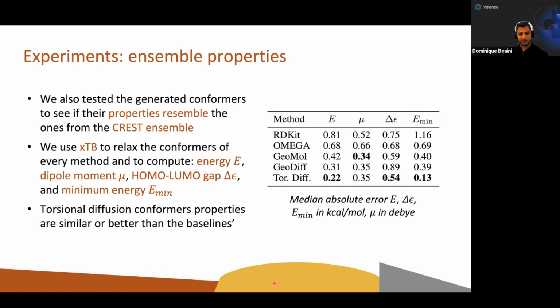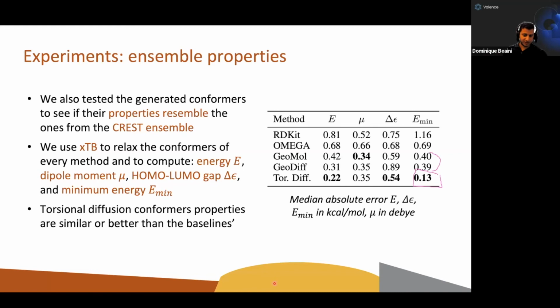And here having a lower energy, like an energy of 0.13 as the error to the minimum energy compared to the others, an improvement of 3-fold compared to GeoMol and GeoDiff, necessarily means that you are much closer at finding the global minima in the Boltzmann distribution, which is finding the conformer with the highest probability of actually being there.